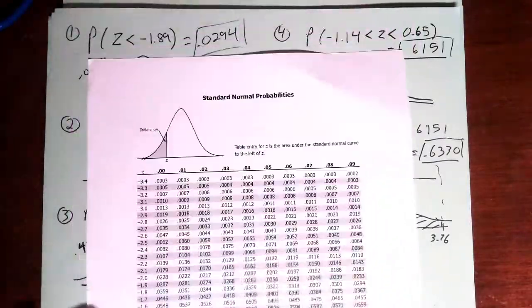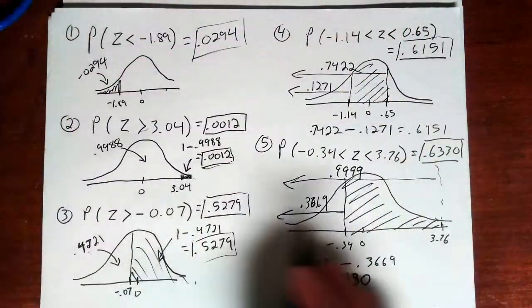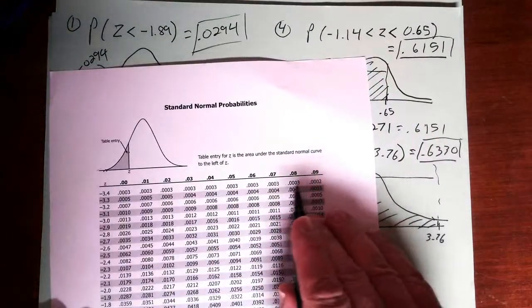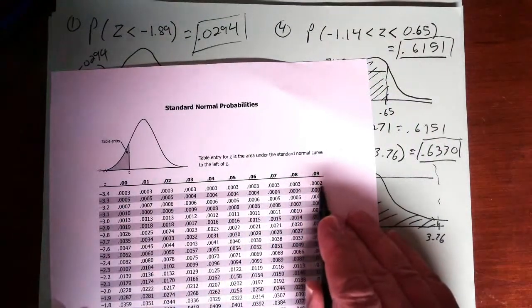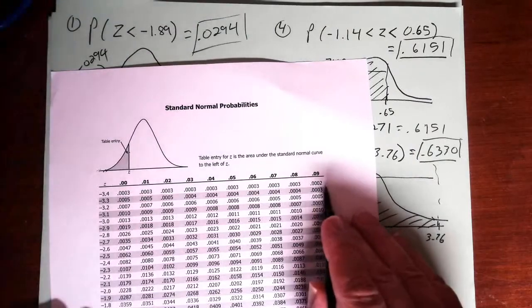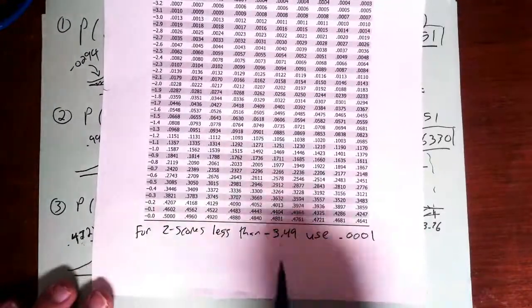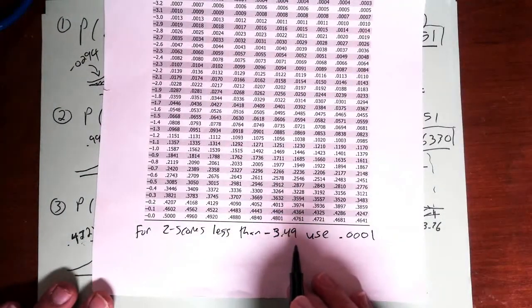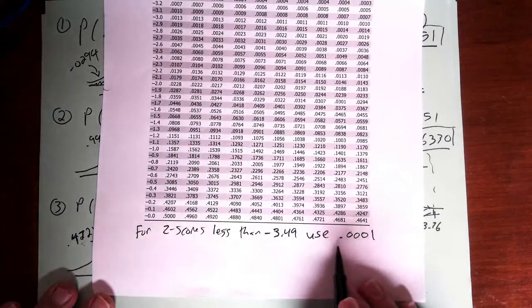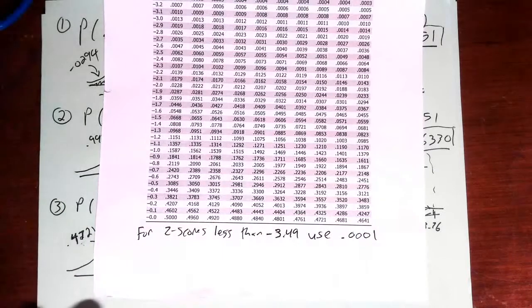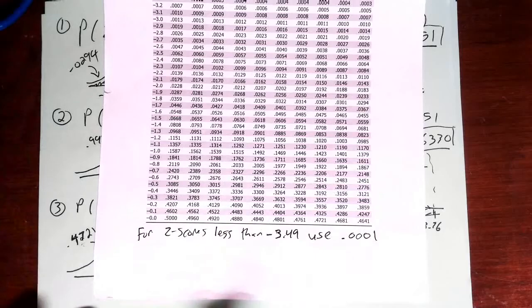The smallest negative number that you can look up is negative 3.49, which is right here, and that's like 0.0002. And so what you do in that case is for z-scores that are less than negative 3.49, you are going to use 0.0001 and then do the same thing, subtract the 2 areas.